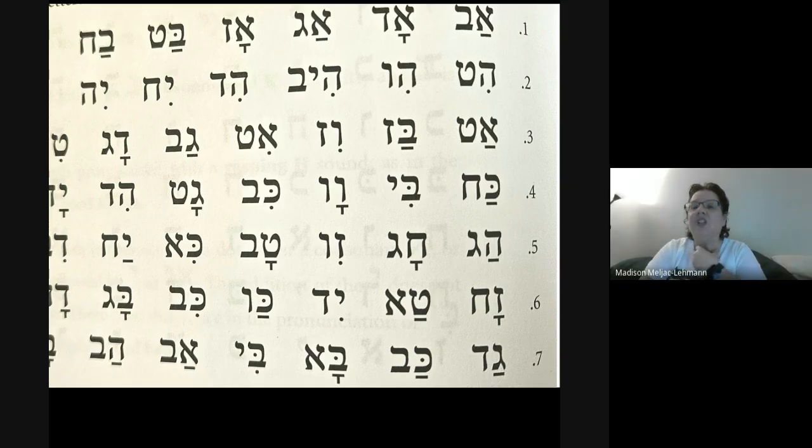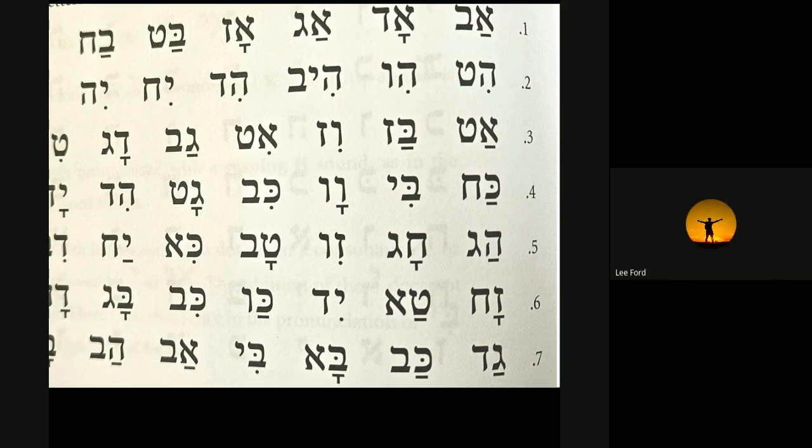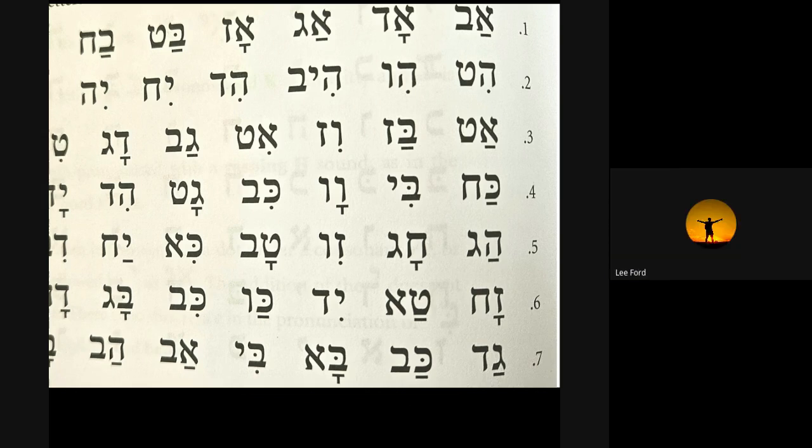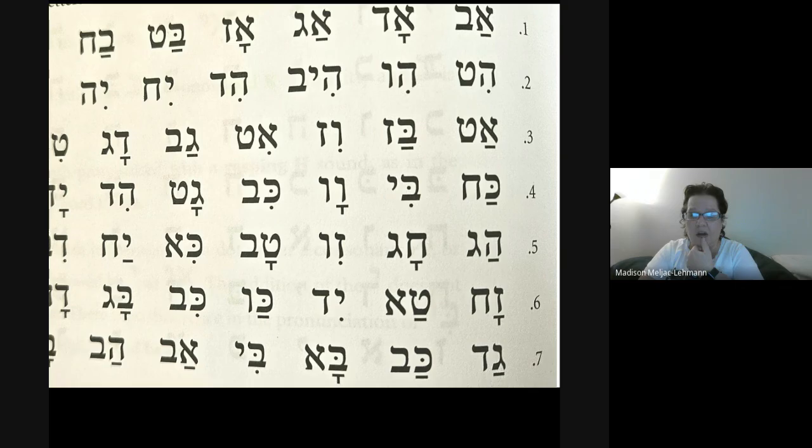Okay, so the line that you are on, the six: 1, 2, 3, the third word on line 6 starts with yod. The yod is little, right? And the thing here is longer, right? So it can't be a yod.